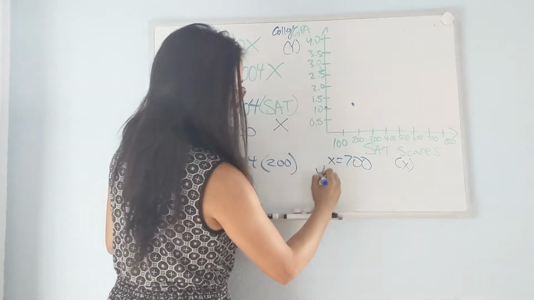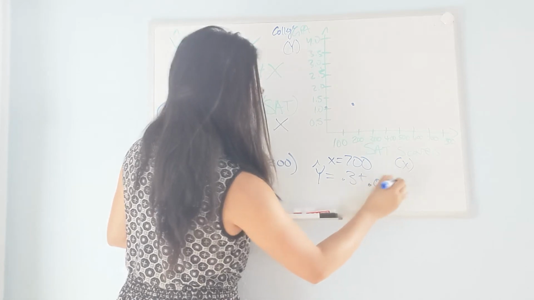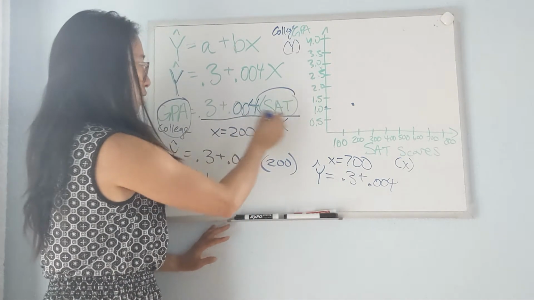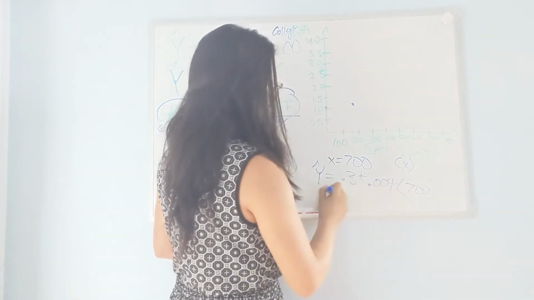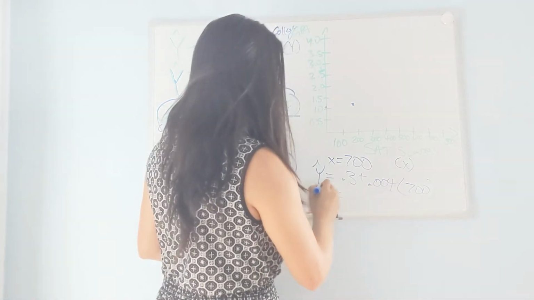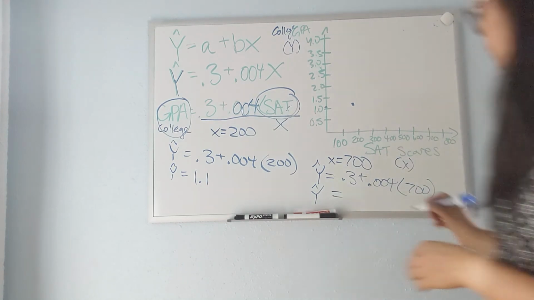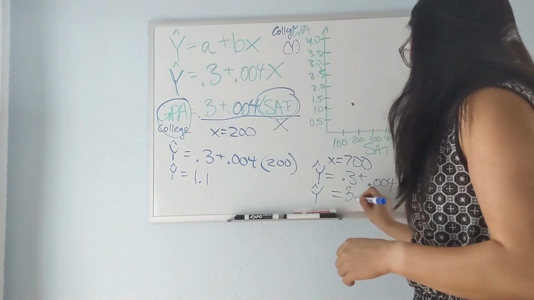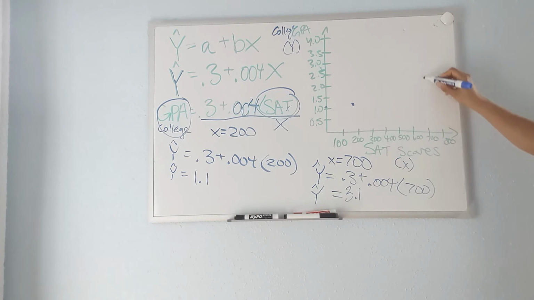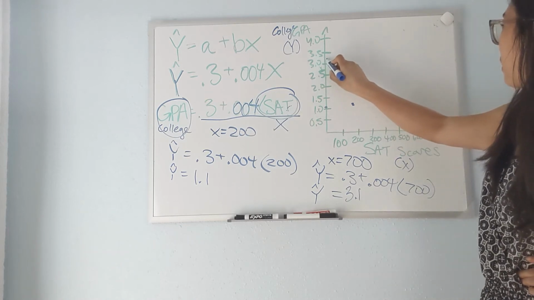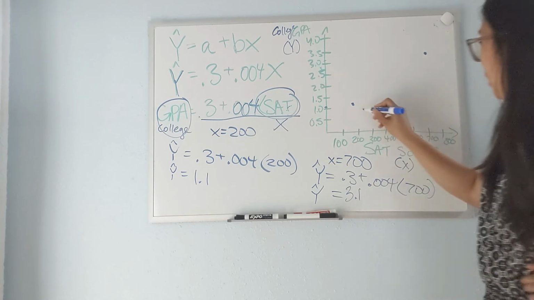Now y hat equals 0.3 plus 0.004, rewriting the same equation, times the SAT score, which is 700, and I get y hat equal to 3.1. Now I'll go over here to 700 and go up to 3.1, which is about here.